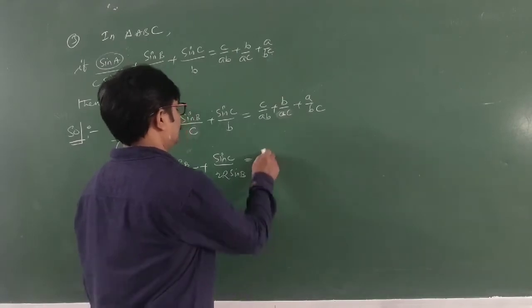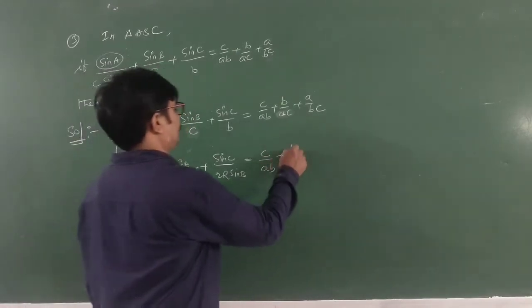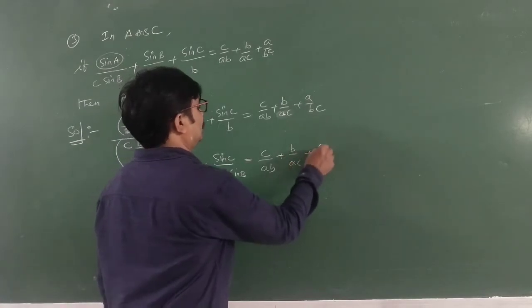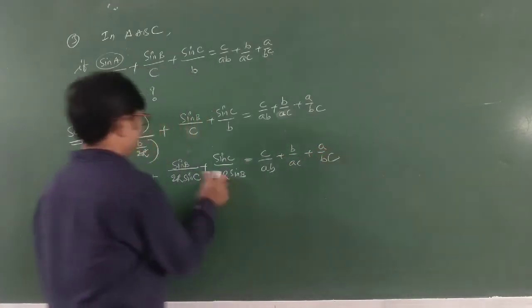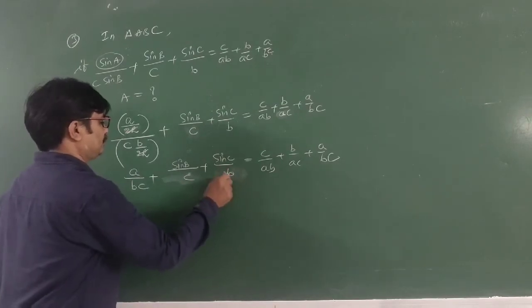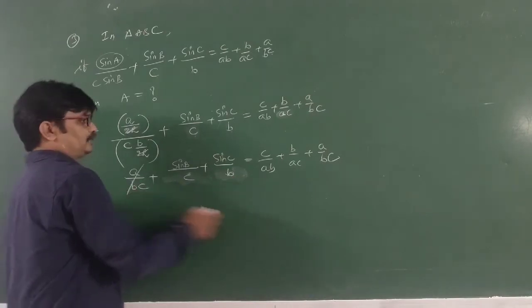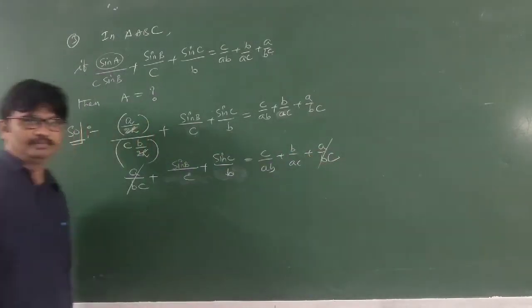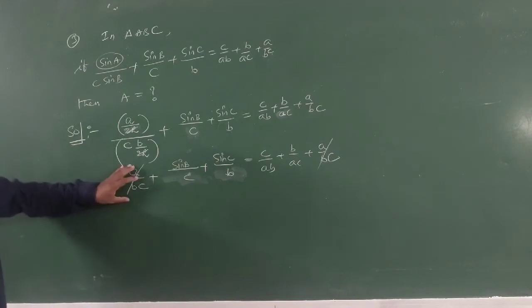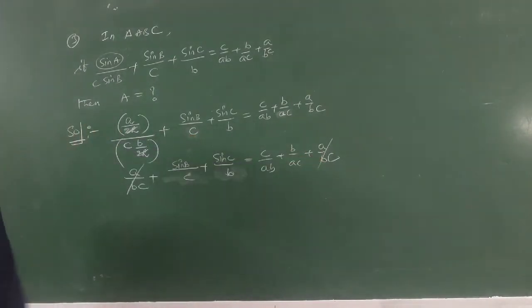This is c by AB, b by AC, a by BC. We are substituting in the next step: c is 2R sin C and b is 2R sin B. So dear students, A by BC are cancelled. Here the first term and the last term are the same, A by BC.